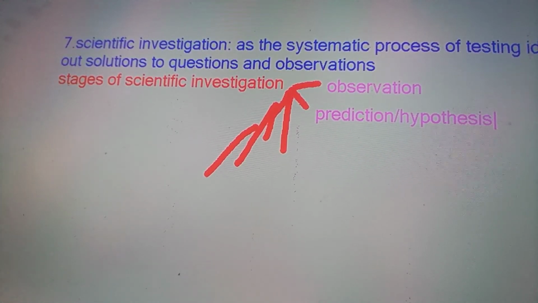Then step number 3 is data collection or experimentation. Then data analysis.